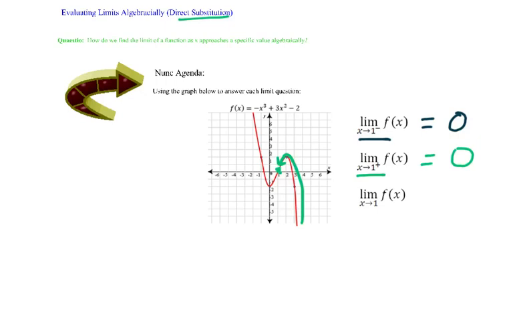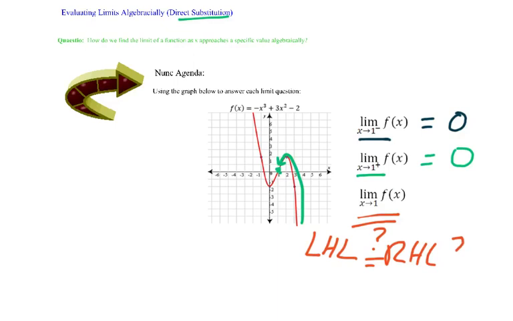Now, in order for the overall limit to exist, which is this notation here, and I know it's the overall limit because there is no exponent at 1, there's no plus or minus sign, it just says as I approach 1. So if I'm looking for the overall limit, I want to know, does the left-hand limit equal the right-hand limit?